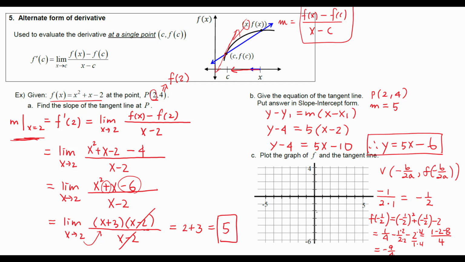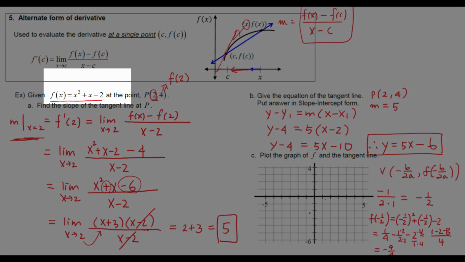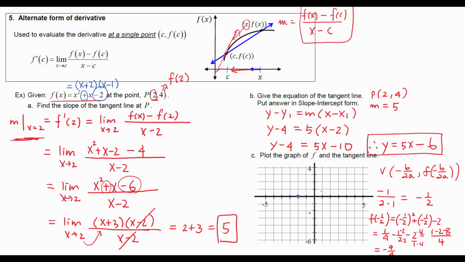So your vertex will be about here. And that function, x squared plus x minus 2, factors, so I can also find the x-intercepts. Two numbers whose product is negative 2 and sum is positive 1 are positive 2 and negative 1. So my two x-intercepts are negative 2 and positive 1.